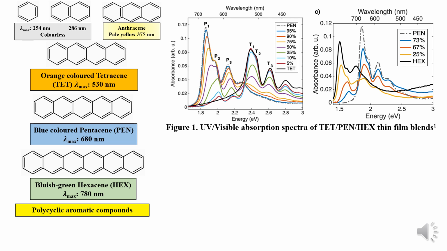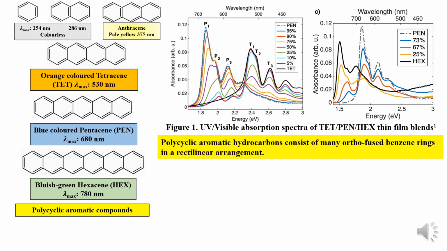So as the number of fused aromatic rings increases, the energy gap between the HOMO and the LUMO increases and thereby absorption occurs at a higher wavelength. So benzene lambda max is around 254 nanometers, while lambda max in case of hexacene is around 780 nanometers. So the difference in wavelength is because of extended conjugation.